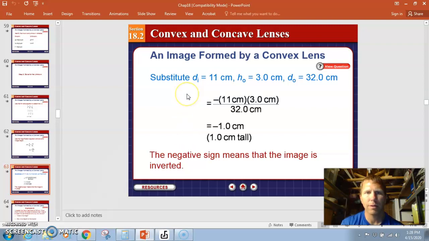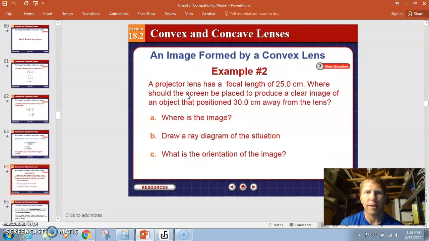Okay, alright, now on example 2, I'm going to go ahead and walk you through it using the screen. So here we have a projector lens with a focal length of 25 centimeters. Where should the screen be placed to produce a clear image of an object that is positioned 30 centimeters away?